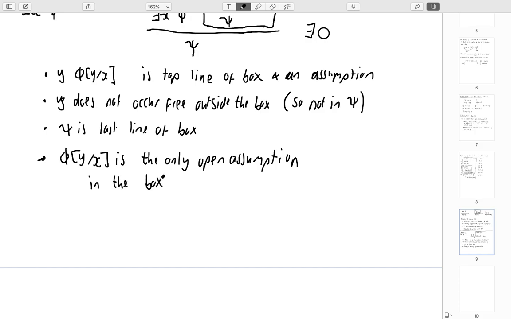So it's the only open assumption at the moment before you close the box, and then it's closed by the box.